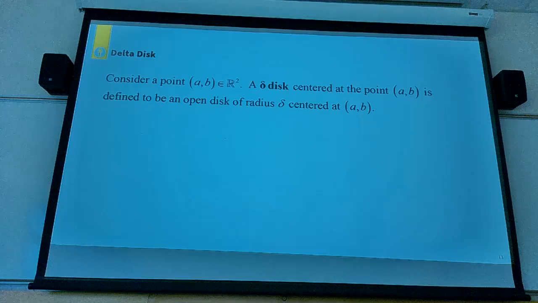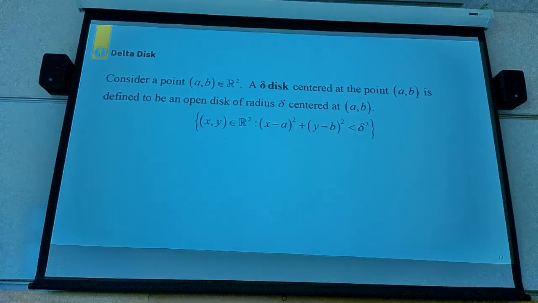First, the idea of a delta disk. So consider an ordered pair in the real plane. A delta disk centered at the point (a, b) is defined to be an open disk of radius delta centered at (a, b). In other words, your delta disk is that set.